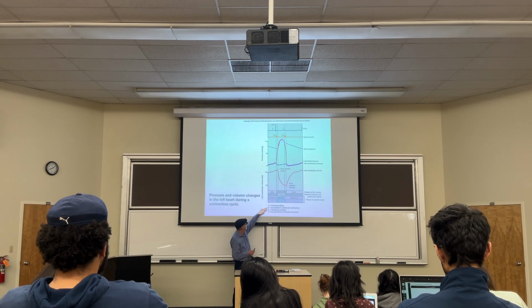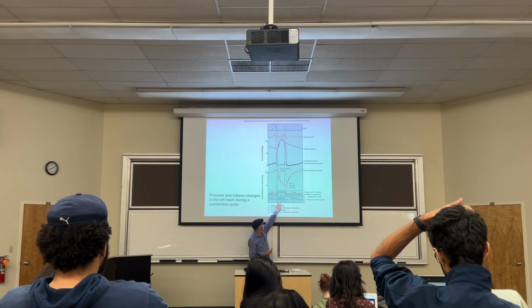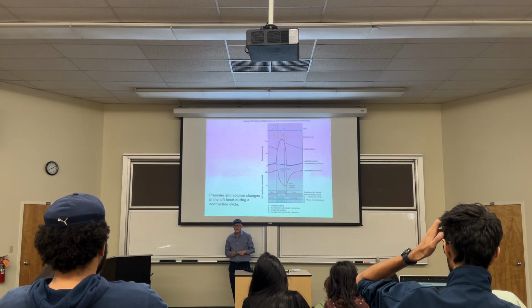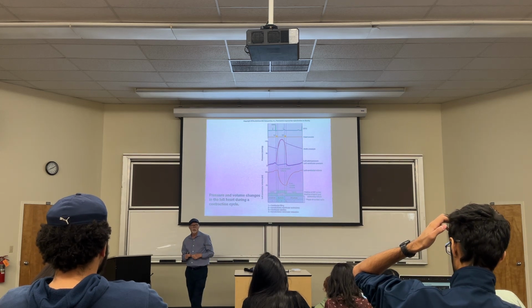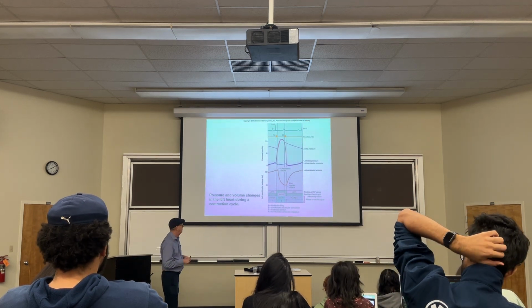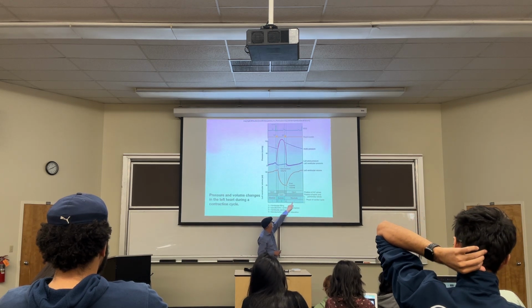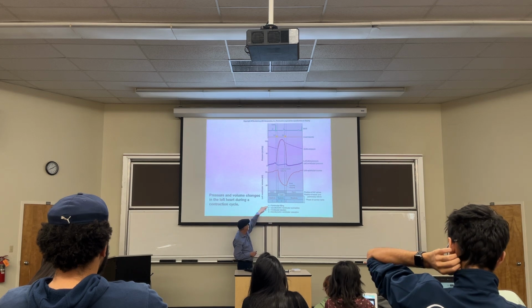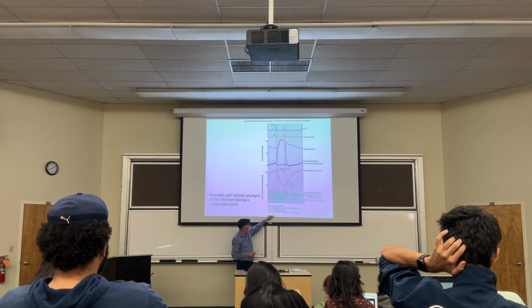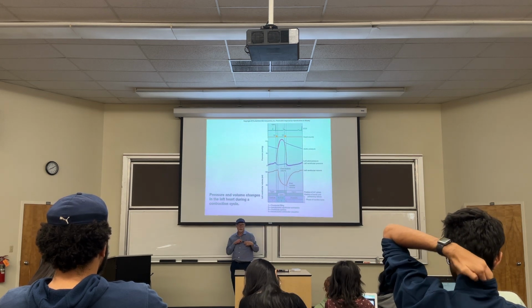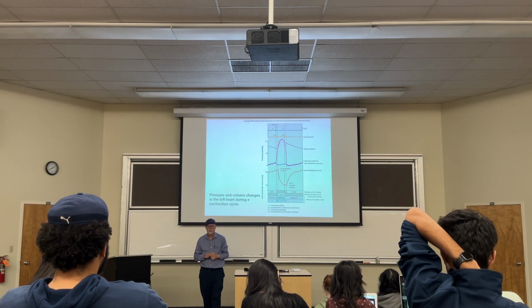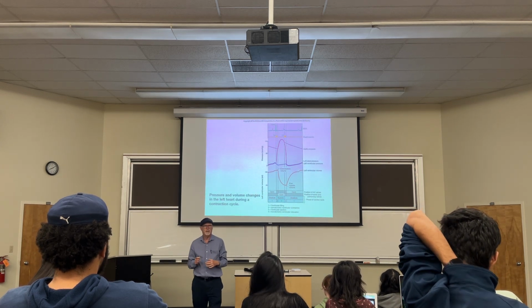Those two phases, if you see here, are subdivisions of systole. Okay? We also have two subdivisions of diastole. Here we see diastole, and we have ventricular filling and isovolumetric relaxation. Those are our subphases during diastole.